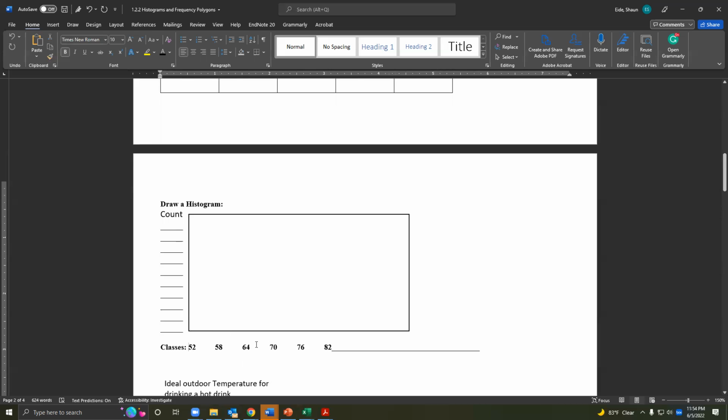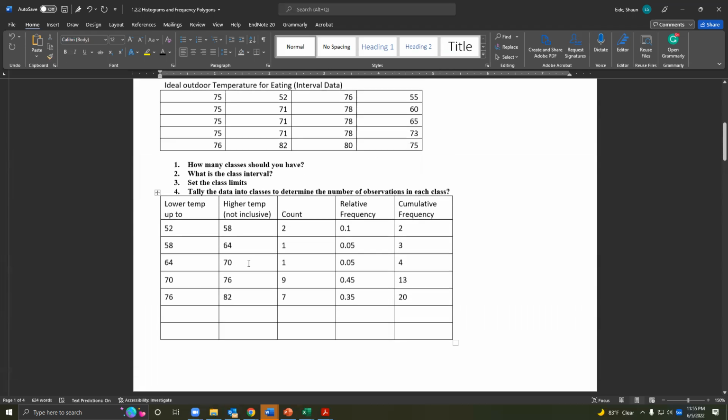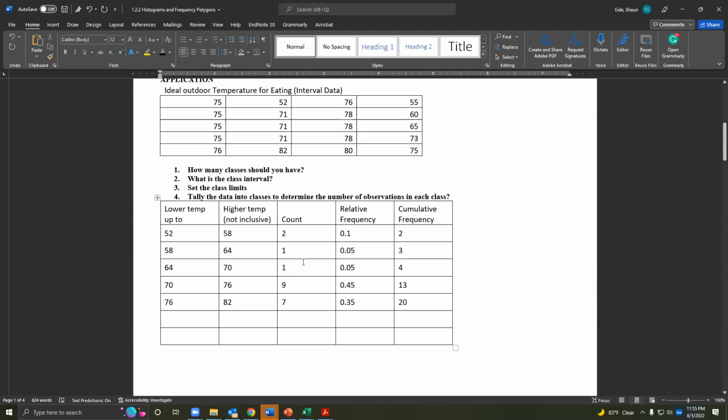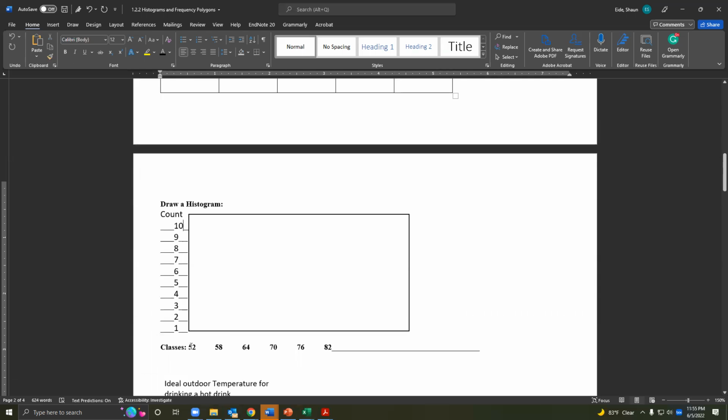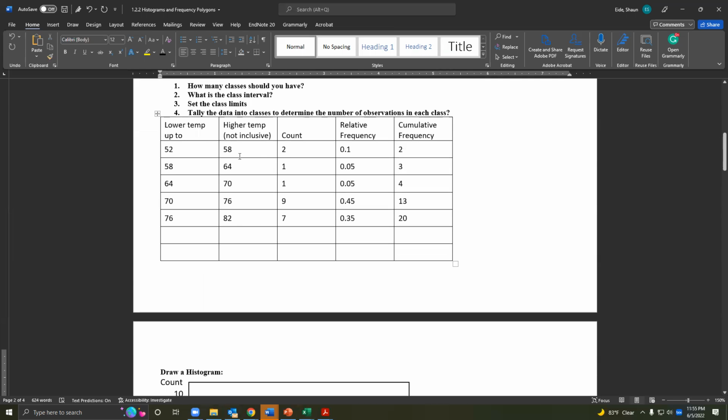And so we're going to do, let's see, 1, 2, 3, 4, 5, 6, 7, 8, 9, 10. Yep, there's nothing that is more than 10. So we've got our first class, which is 52 to 58, and we have a total of 2 observations.